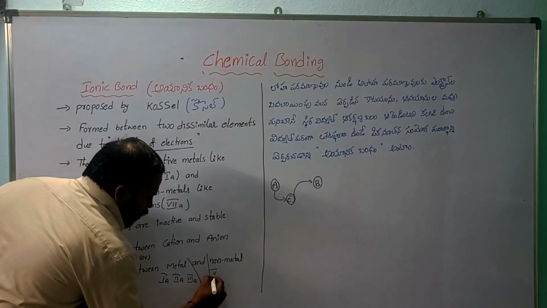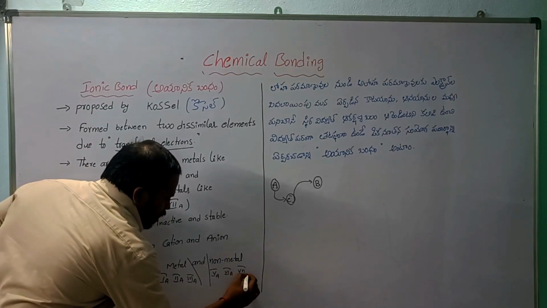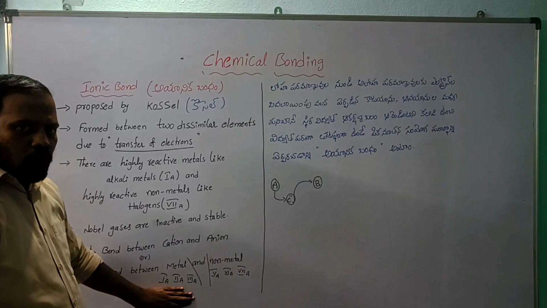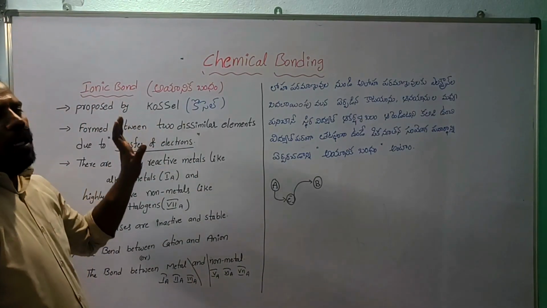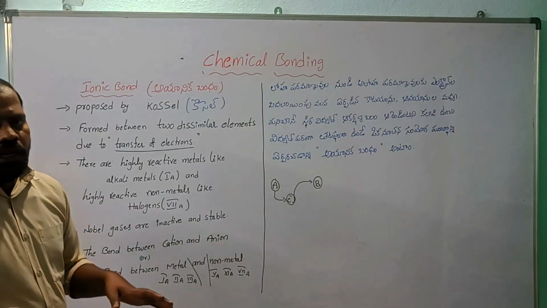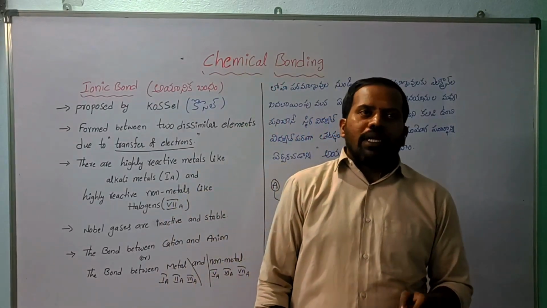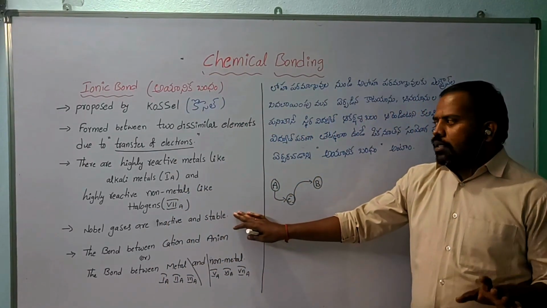Non-metals are 5th A, 6th A and 7th A. Means the bond between groups 1, 2, 3 with groups 5, 6, 7, that bond can be called an ionic bond. In bond formation, noble gases are inactive because they already exist in a duplet or octet configuration in the valence shell.